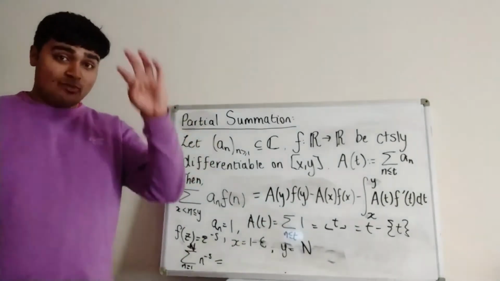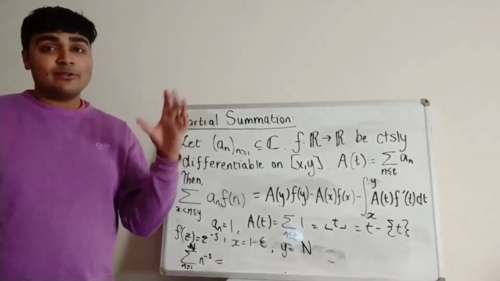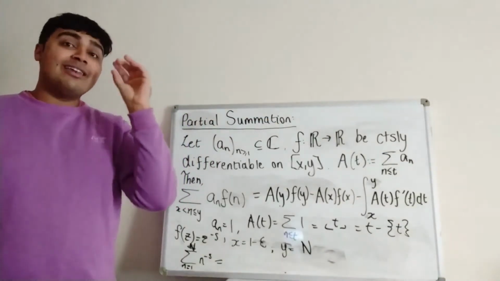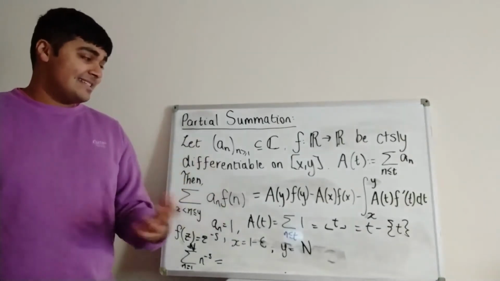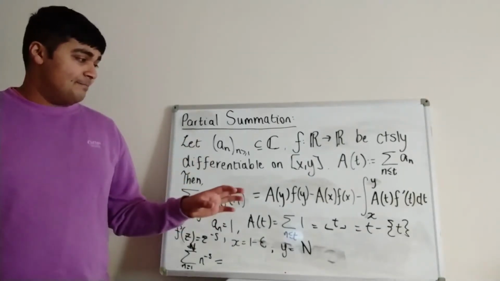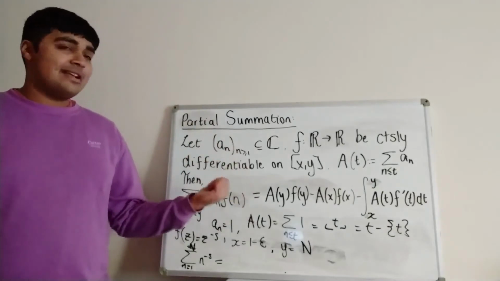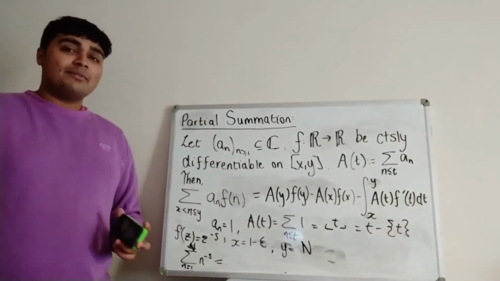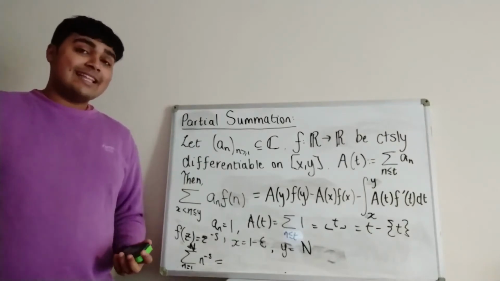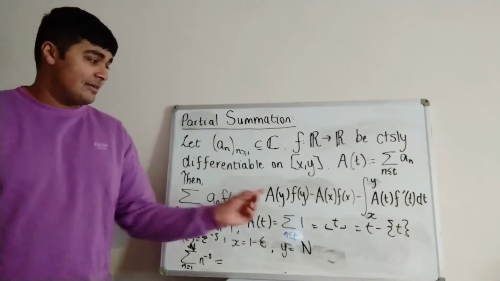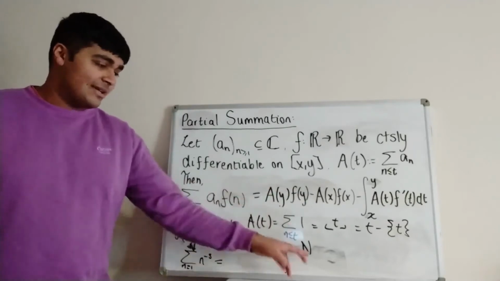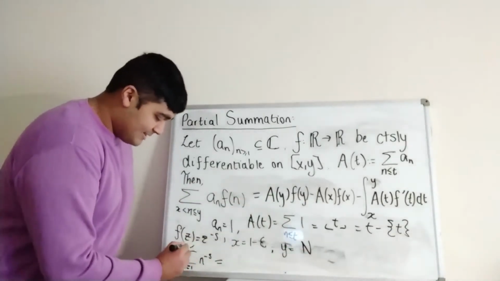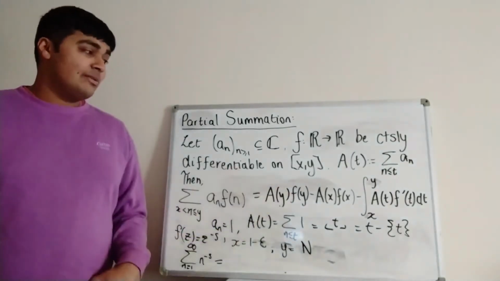And s has real part bigger than 1, so you've got N to some number, and that number has a real part less than 0, and hence it's going to tend to 0 as N tends to infinity. Taking N to infinity means that whole thing is going to tend to 0. So this guy here is going to tend to 0, because we're going to take capital N to infinity. So if I just take N to infinity now, we can ignore this term.